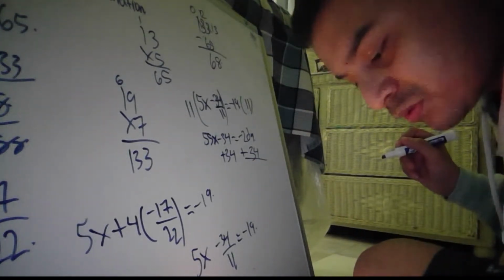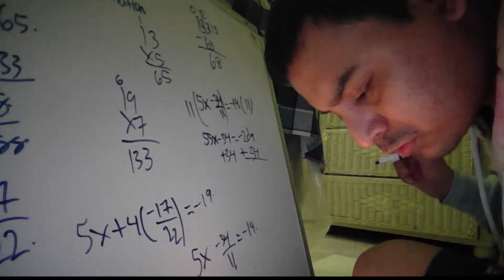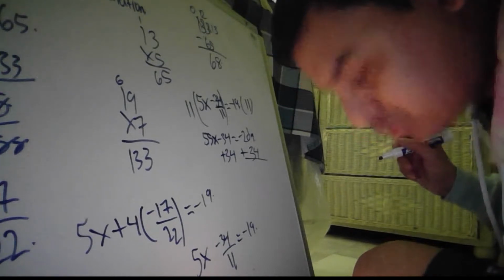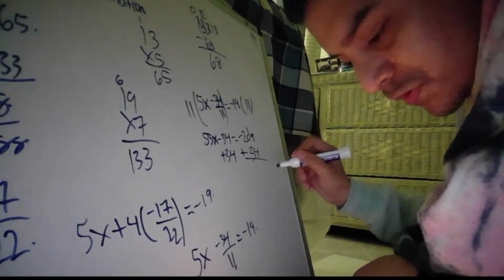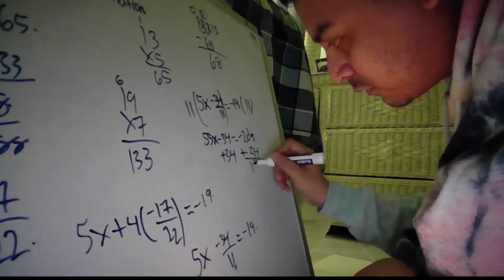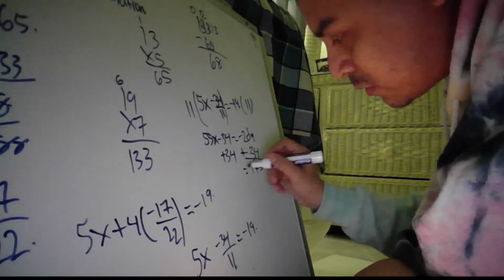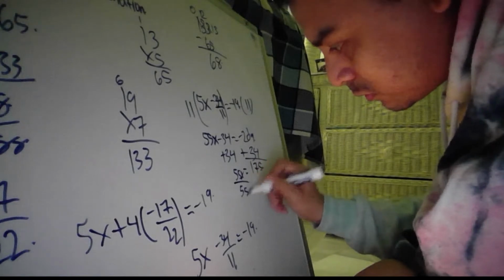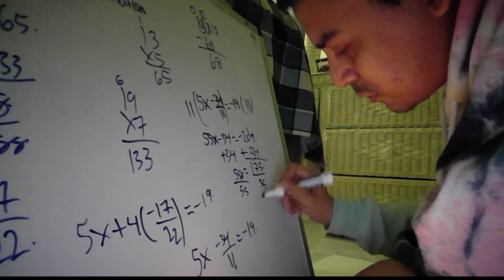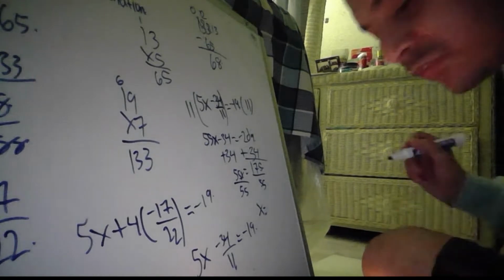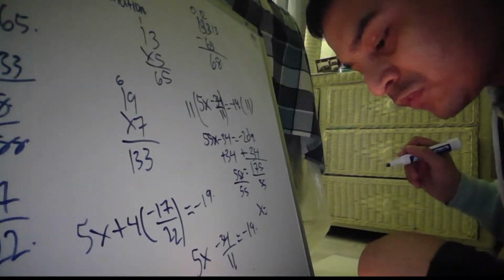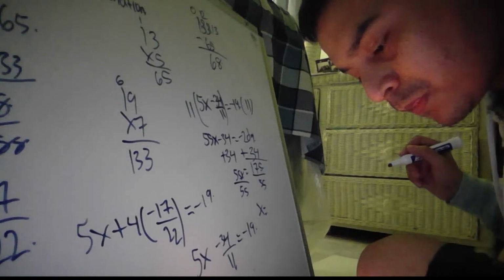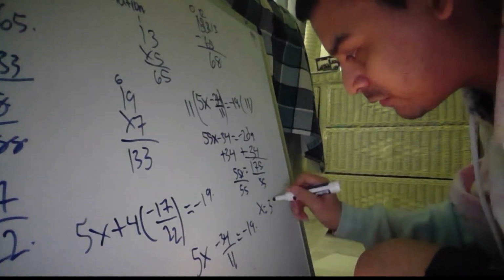So we have 209 minus 34 equals 175. That's equal to 55x. So x equals 175 over 55, which if you simplify that is 35.